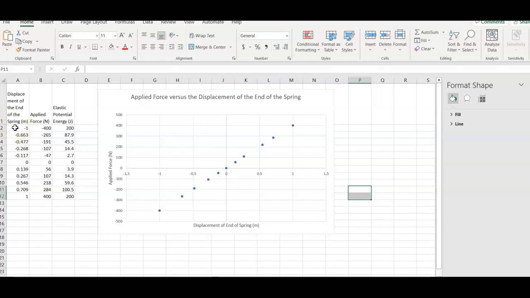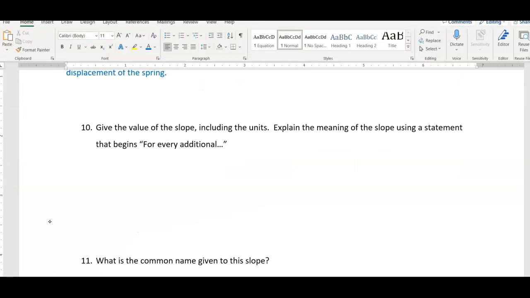So, you know, I may choose the first and the last. And so I'll highlight those. And then I'm going to calculate my slope, right? So you want to show the details of this calculation.